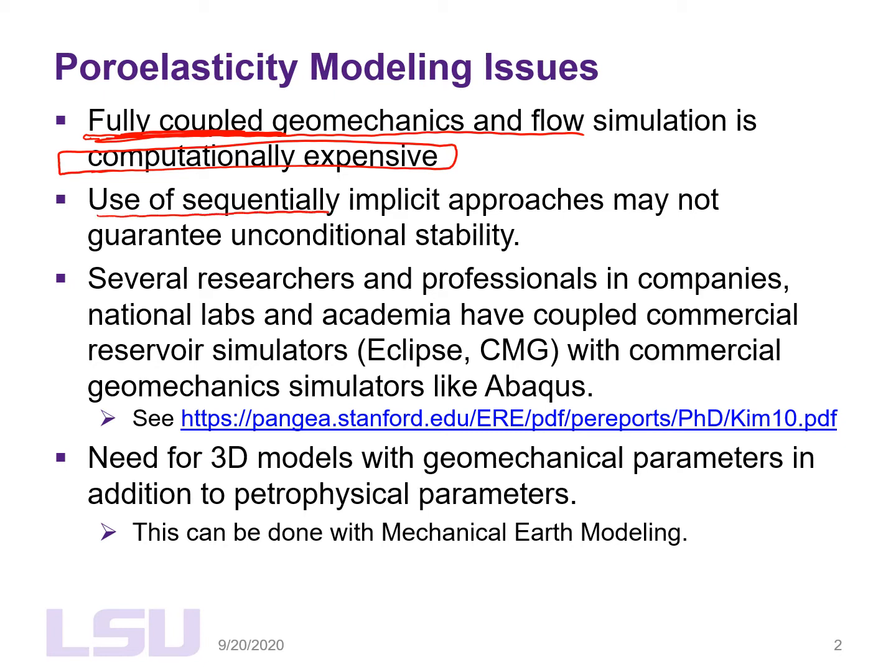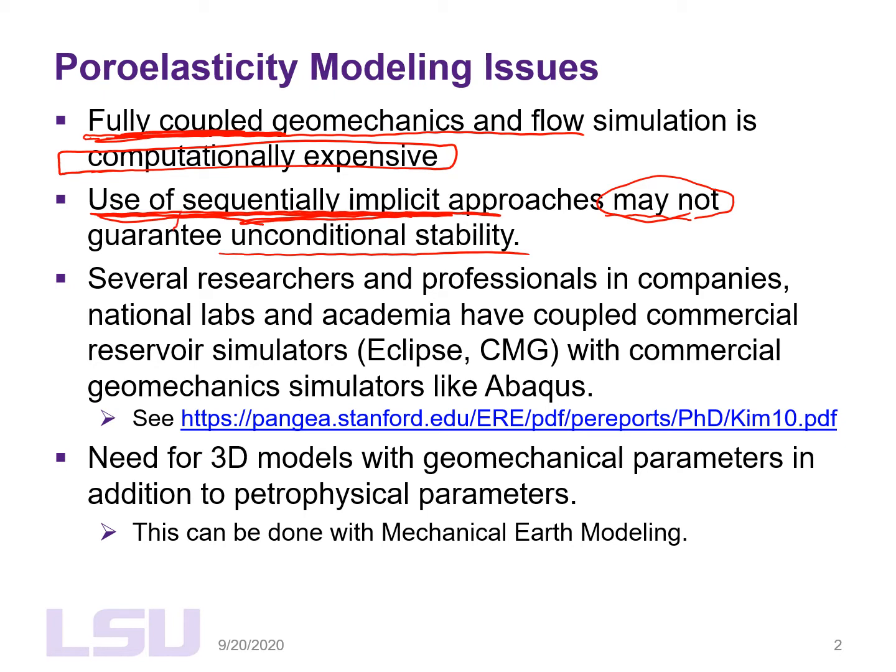There is the possibility of using some loose coupling between the geomechanics and flow, and that uses sequentially implicit approaches. But the problem is, depending on which of those approaches you're using, there is no guarantee of unconditional stability. So it's possible you choose an approach and your system of equations may not converge.